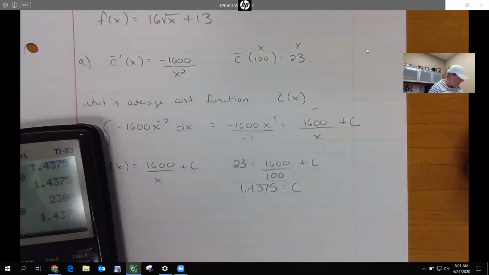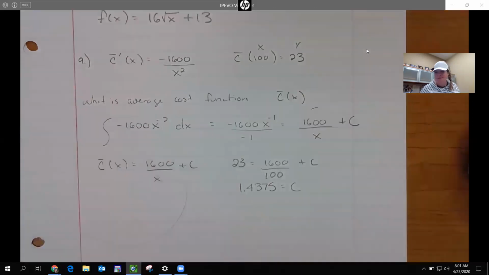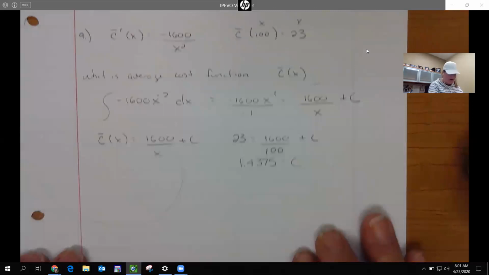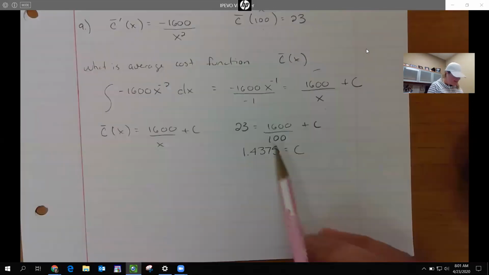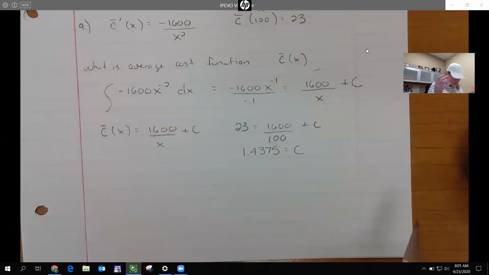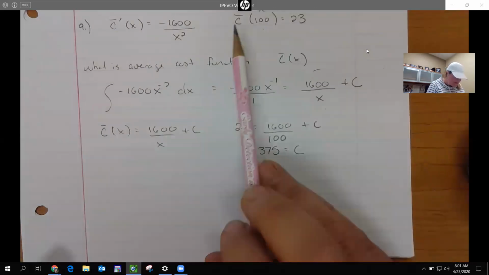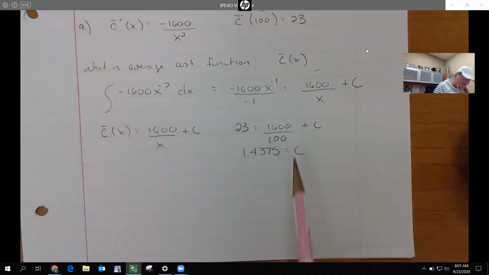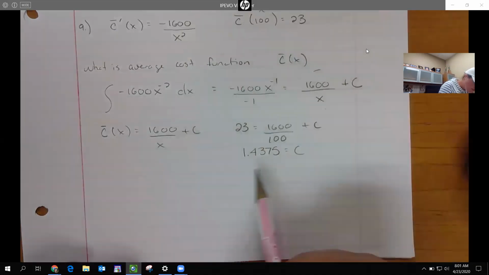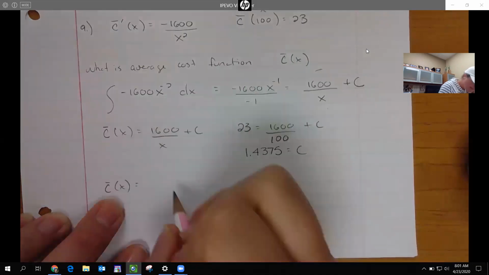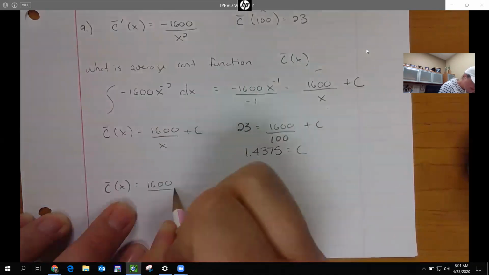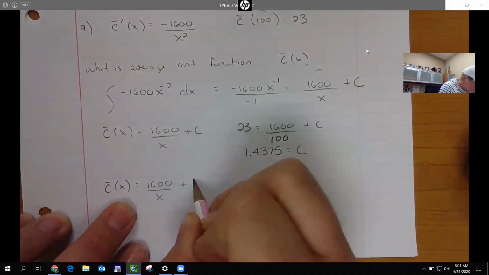Maybe you got 7 and I just messed up somewhere else. Who knows? Anyway, so our function for the average cost is going to be 1600 divided by x plus 1.4375.